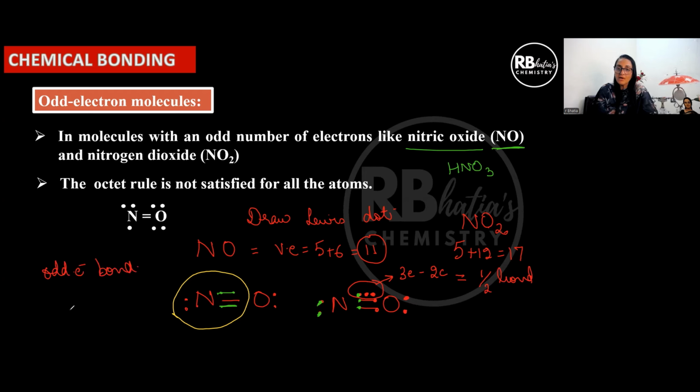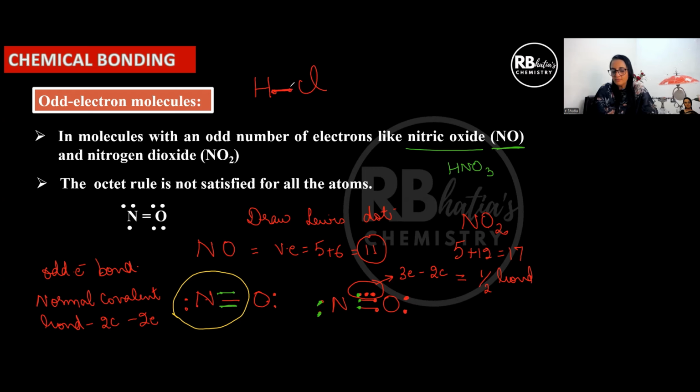Half bonds mean having half the strength of a normal covalent bond. So these bonds are highly reactive. You can say the molecule having a half bond is not as stable as the one having a complete bond. So normal covalent bonds are described as 2 center 2 electron bonds. That means 2 atoms sharing 2 electrons.